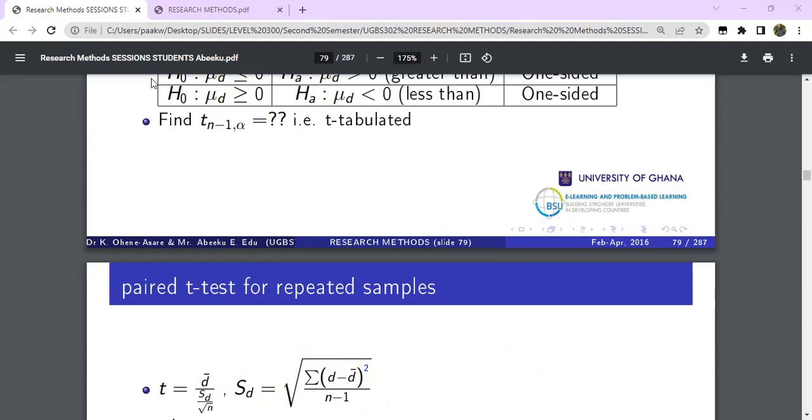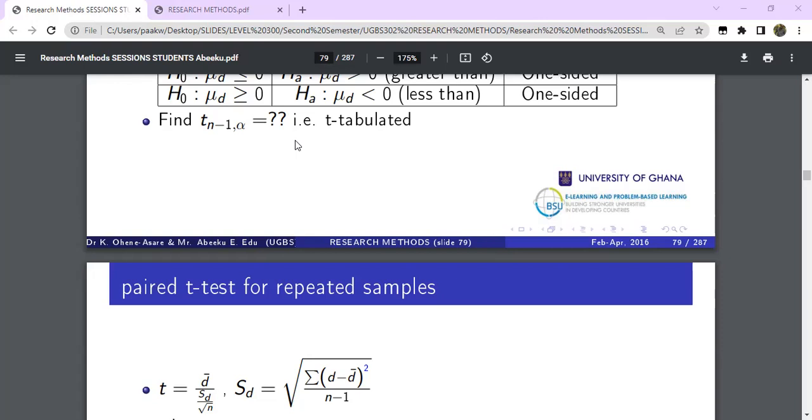So what's the decision rule for the critical value approach? The decision rule is when the thing falls in the critical region or the alpha region, you reject.